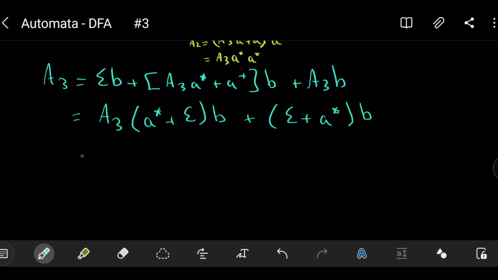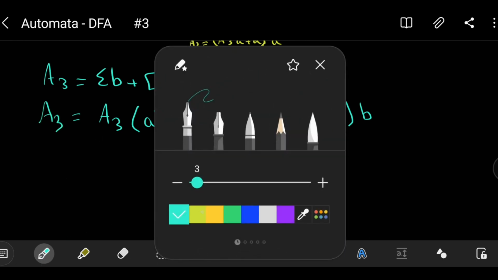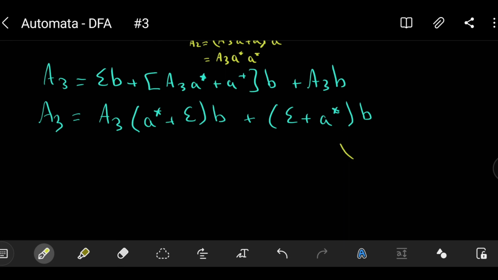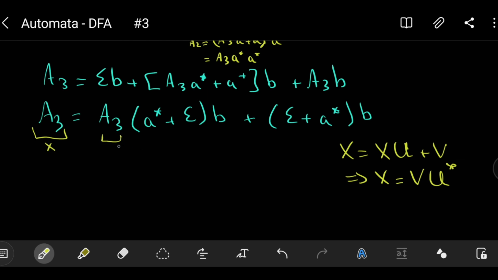Now, since we have A3 here in the form of x equal to xu plus v, it implies that x equal to vu star. So we have here the x, u, and v.